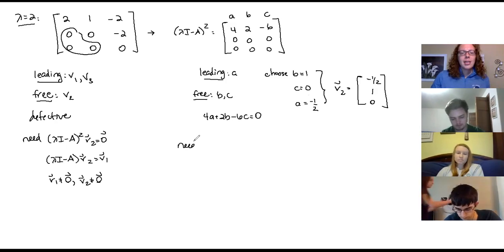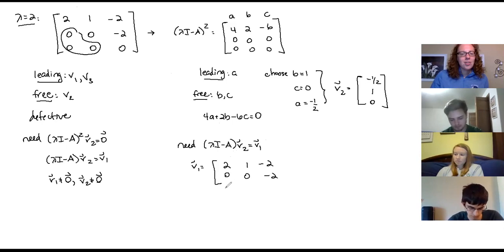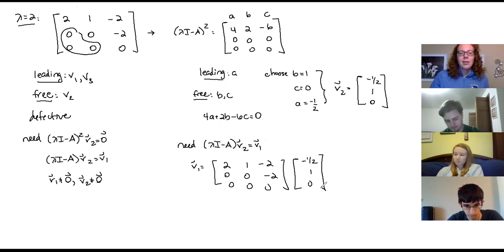Here's the other thing that I need. I need lambda I minus A times V2 to equal V1. That's how I'm going to find my V1 in this case. So V1 equals lambda I minus A, which is 2, 1, -2, 0, 0, -2, 0, 0, 0, times -1/2, 1, 0.